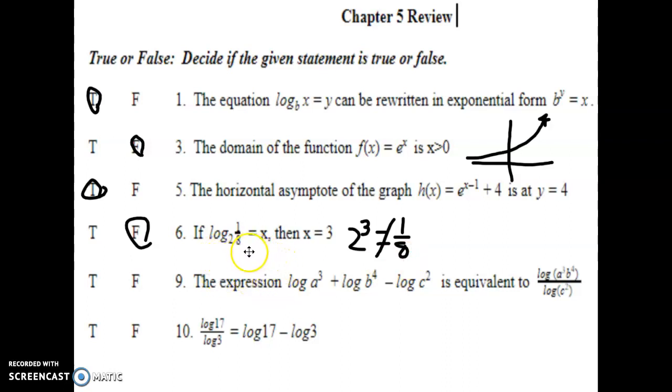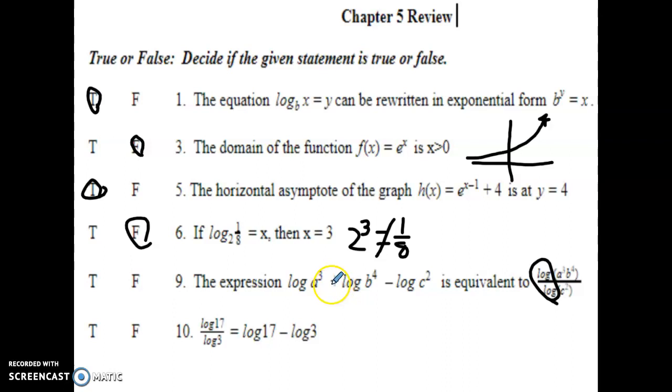The expression log of a to the third plus log of b to the fourth minus log of c squared is equivalent to... now it's good to recognize that you have this plus going on, but then you also have a minus, so the a to the third would be times b to the fourth, and it would all be divided by c squared. But here's the kicker. It does not have the logs being divided.